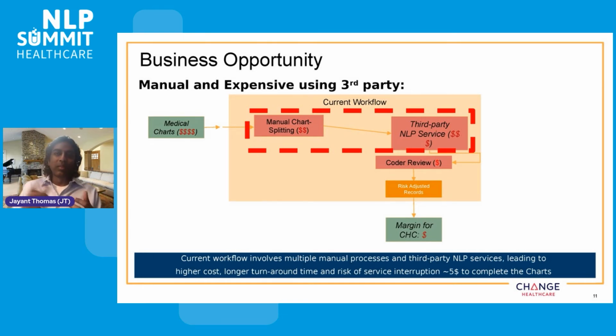You had to go through this many different times. It's slow because there is a human being involved, and it's laborious because you have to split thousands of pages into different encounters. It's not a very pretty thing to do, and it's not a highly efficient way of doing things. We want to get this out as fast as possible to our customers, but the manual process takes a lot of time.